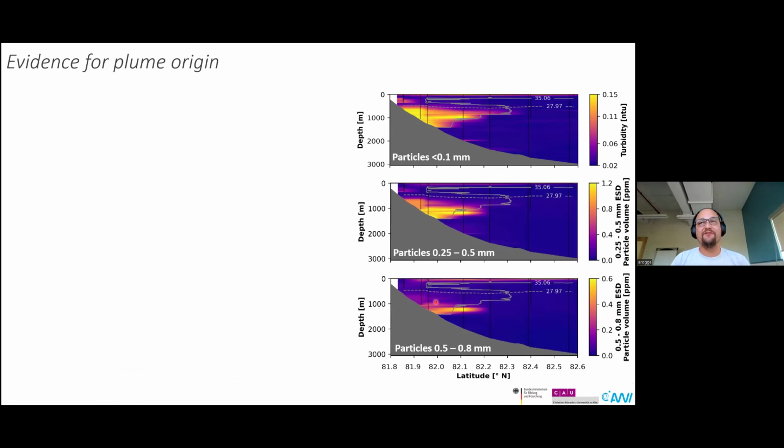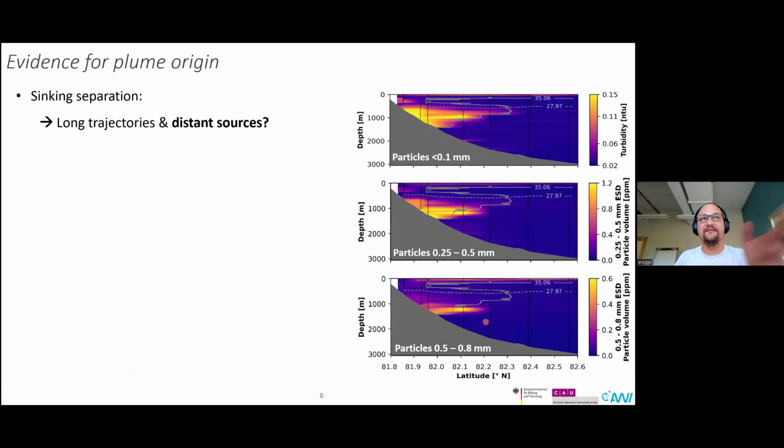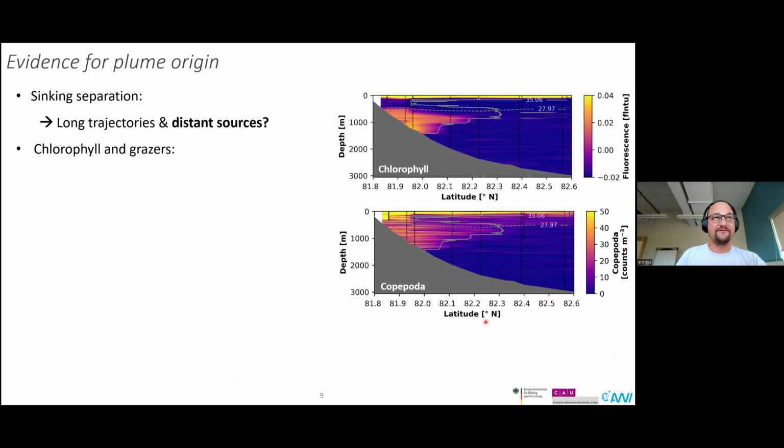And therefore, we have some evidence from our field data. So we see, as I just told you, a sinking separation. So the larger the particles get, the less associated they are with the Barents Sea bottom water. And this means that the particles needed to have a long trajectory because sinking takes time.